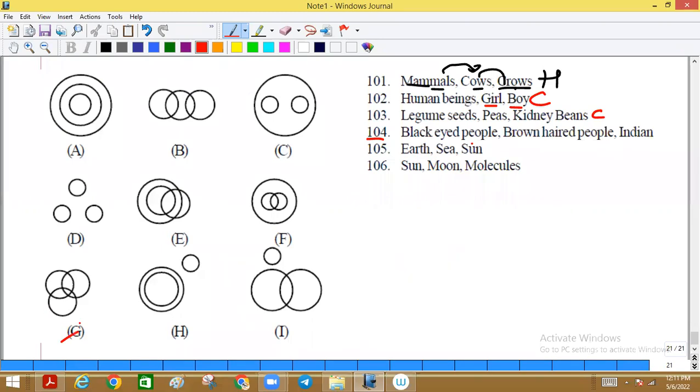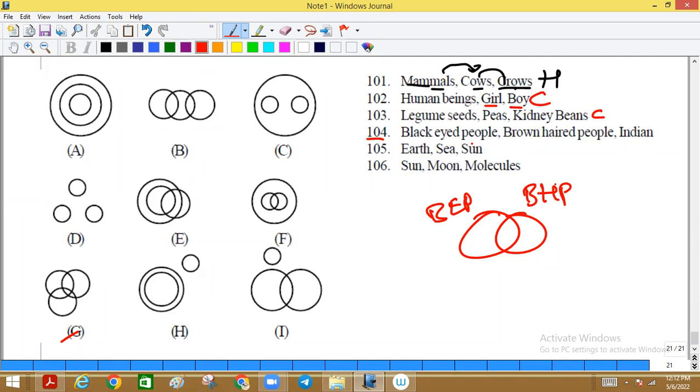Anybody got F? Is F the correct answer, yes or no? No. Some black-eyed people will have brown hair. See that relation.